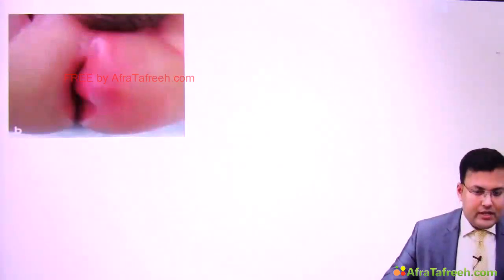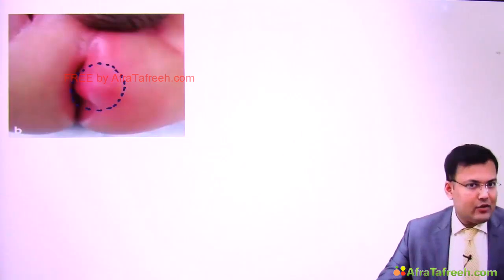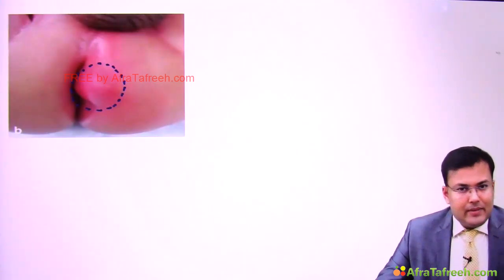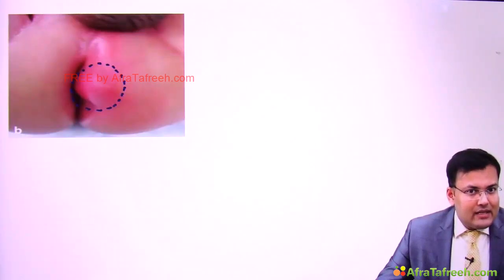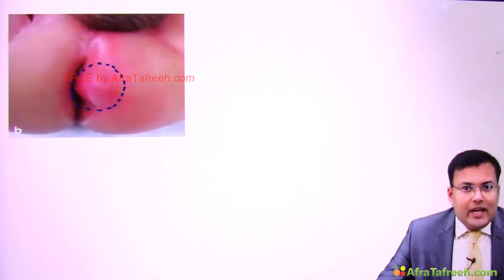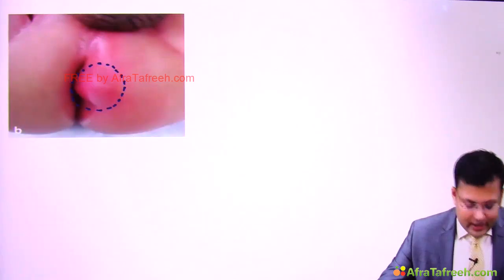Now see, what is the problem? There is pus collection. Clear? This patient is having anorectal abscess. What is the exact location? Perianal. These patients have severe pain in the perianal region. Simultaneously, there is throbbing swelling, and since pus collection is there, this patient is having swinging pyrexia. So what are the clinical features of anorectal abscess?